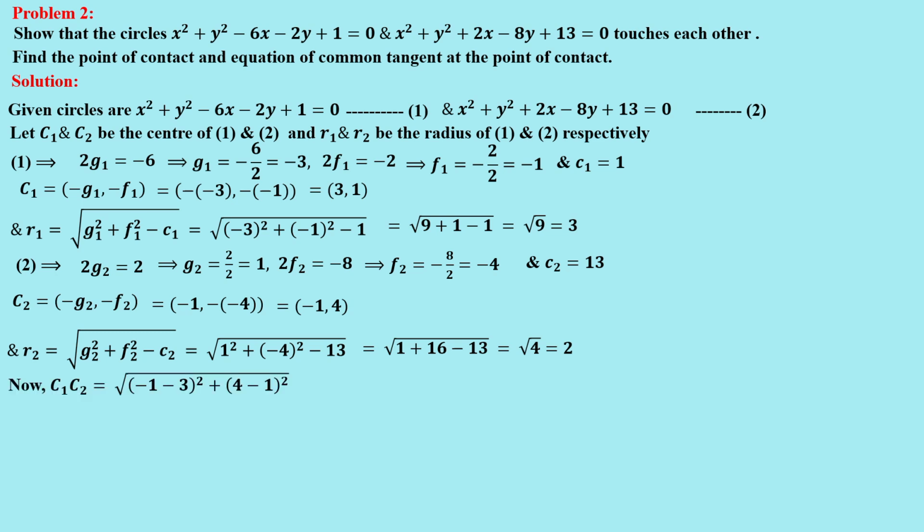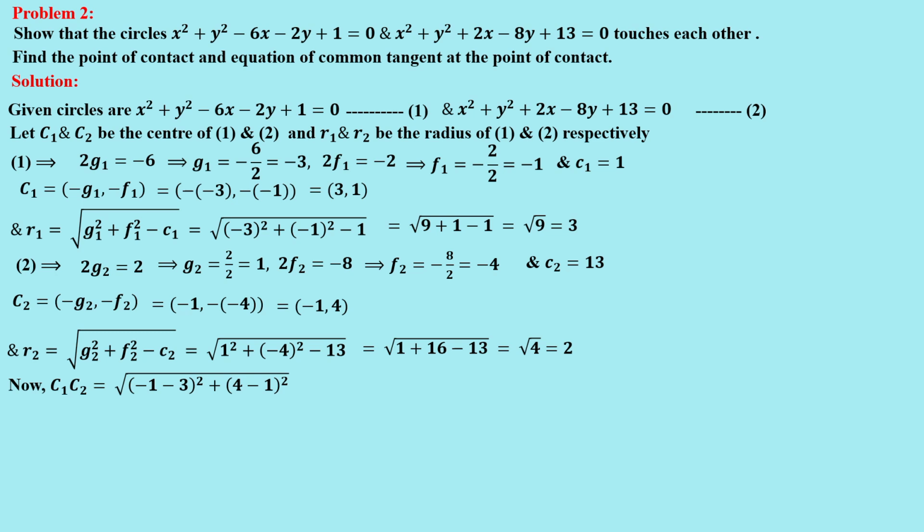Now the distance between the centers of the first and second circles, C1C2, we find using the distance formula. The distance between (x1, y1) and (x2, y2) is √((x2 − x1)² + (y2 − y1)²).